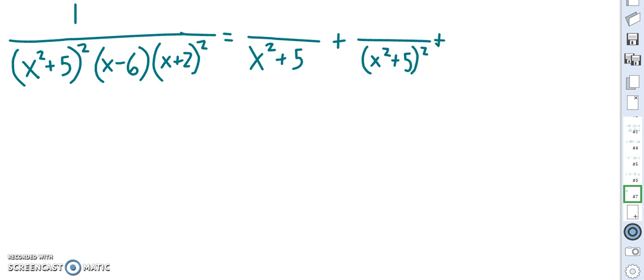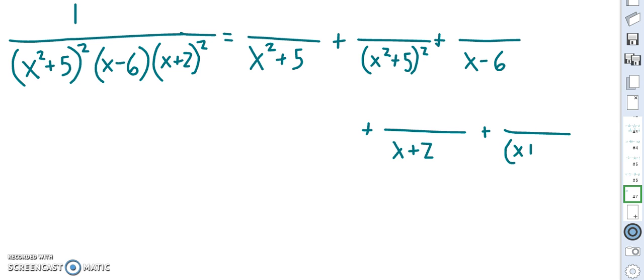X minus 6 is only to the first power. It's going to appear once. X plus 2 squared is going to appear twice. First it will appear as x plus 2. Then it will appear as x plus 2 squared. I'm saying first then as if the order actually matters, but order is commutative. You could put the x plus 2 squared first and then the x plus 2, of course.